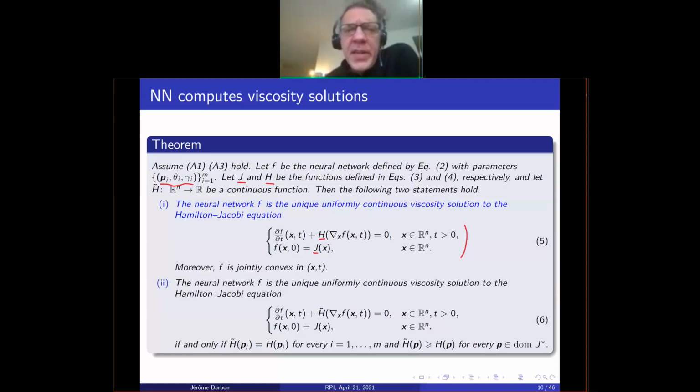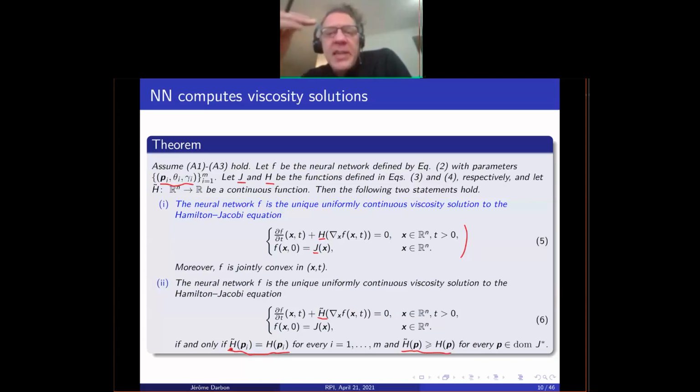You can also show another result, that the same f, it means the same neural network that defines the function f, is also the unique, uniformly continuous viscosity solution to another set of Hamilton-Jacobi PDEs, H tilde, where H tilde agrees with the H that was defined above for each pi, and otherwise they have to be greater than or equal to H evaluated at p.